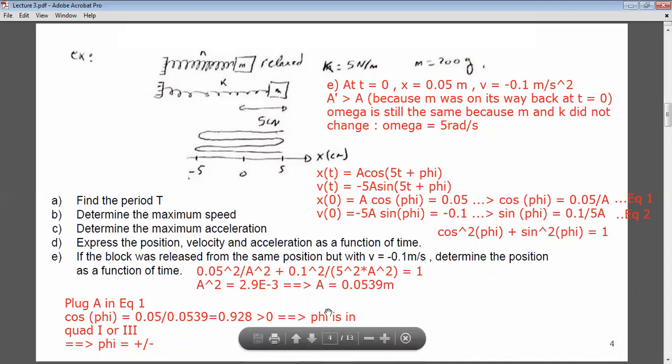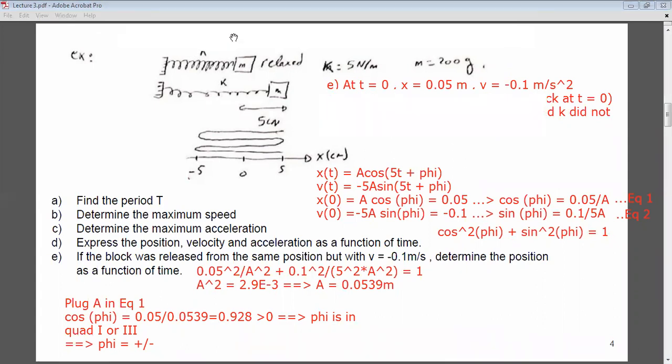So phi is in quadrant 1 or 4. So phi is equal to plus or minus shift cosine 0.928. Just pay attention that the calculator should be in radians. So I get plus or minus 0.38.